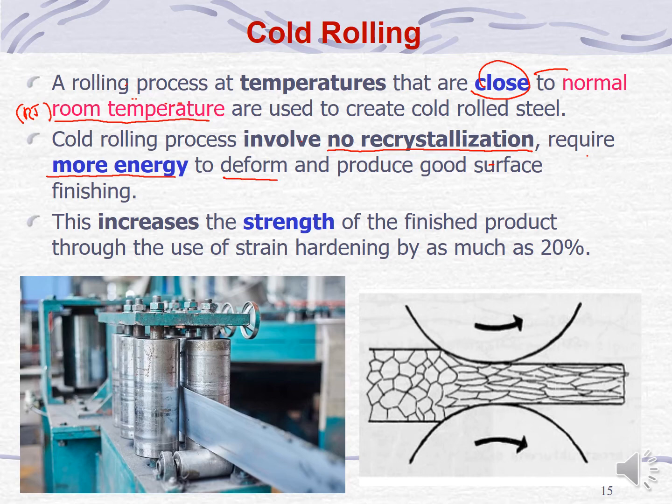Okay, this will increase the strength of the finished product through the use of the strain hardening process. If you still remember in part 2 of this chapter, I did mention this strain hardening process.